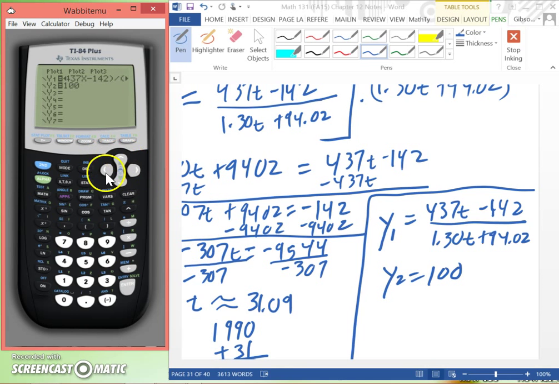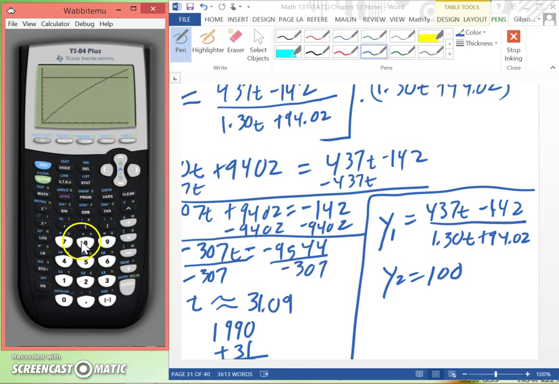Then I put one closed parenthesis, then division, and then another open parenthesis. Then I typed in the denominator to be 1.30x plus 94.02, and then I would do a double close parenthesis. Then press enter and then type in 100.